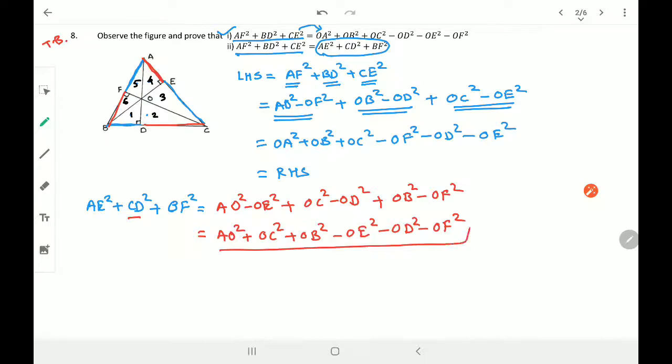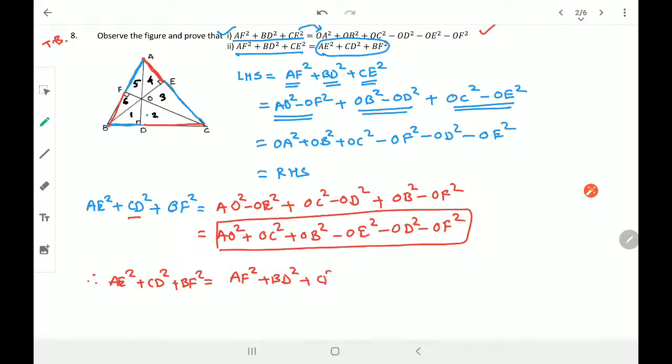Is this the same thing as what is there in equation number 1? Yes, isn't it? So therefore we have AE square plus CD square plus BF square is also equal to AF square plus BD square plus CE square, and that's it. I just hope you understood the concept. Clear? Let's go for the next one now.